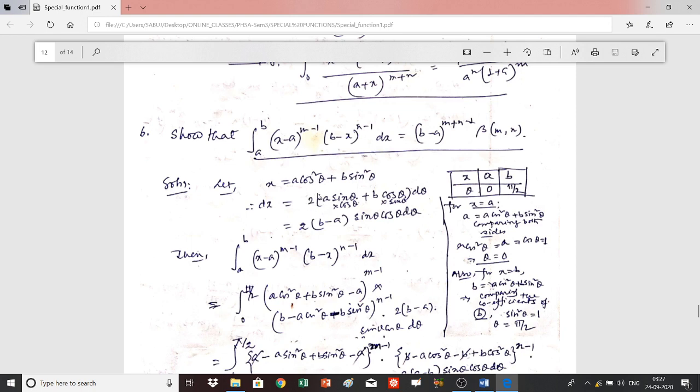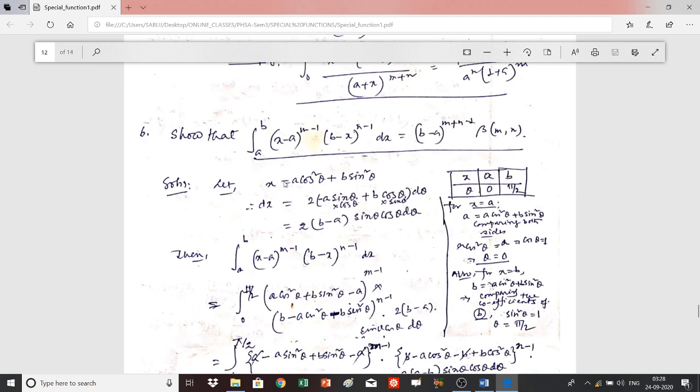So 2 first, this will give you cos theta, and then the integration of cos theta is equal to minus sin theta. So minus a sin theta cos theta, and then it will give you b cos theta sin theta, and then d theta. So that can be written as 2 into (b - a) sin theta cos theta d theta. Here is the change of the limit when you consider that x is equal to a.